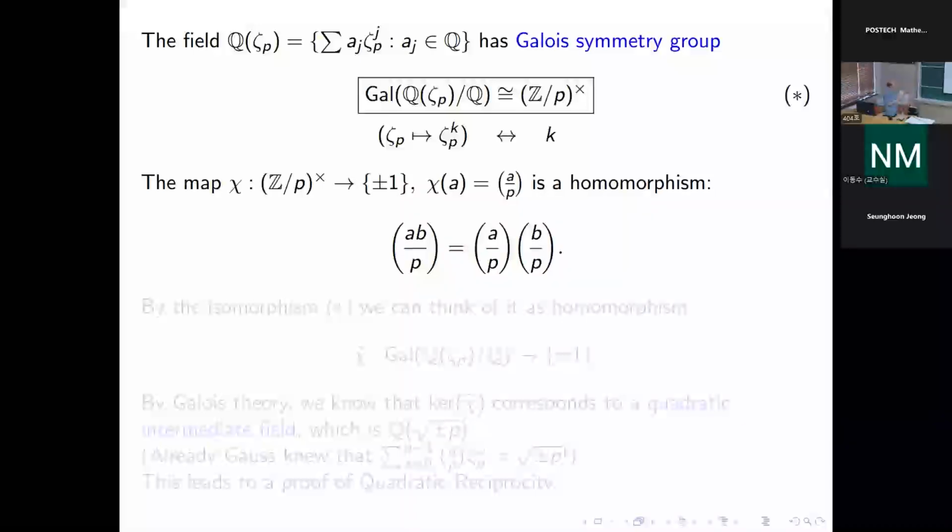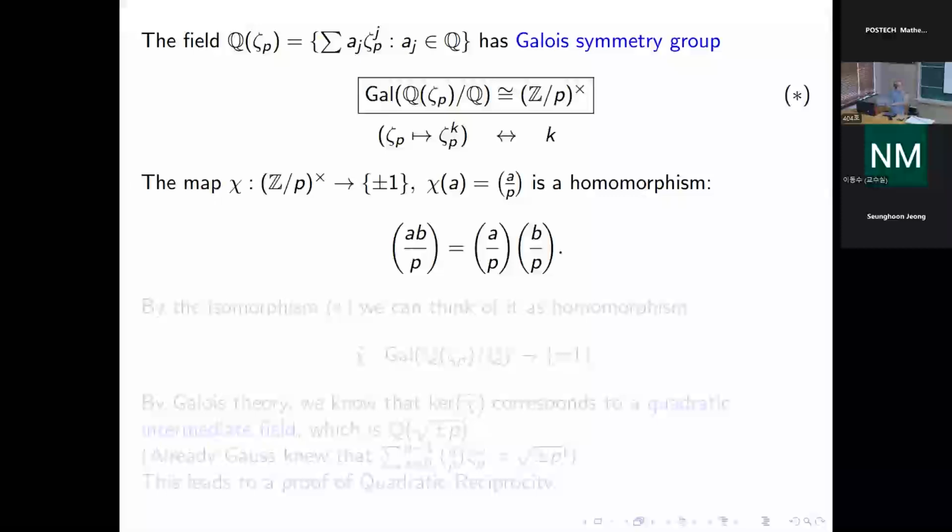For each residue A modulo p, I can send that to plus or minus 1, depending on whether A is a square or not, modulo p. And I ignore 0. 0 is the one exceptional value. I just look at non-zero values modulo p.